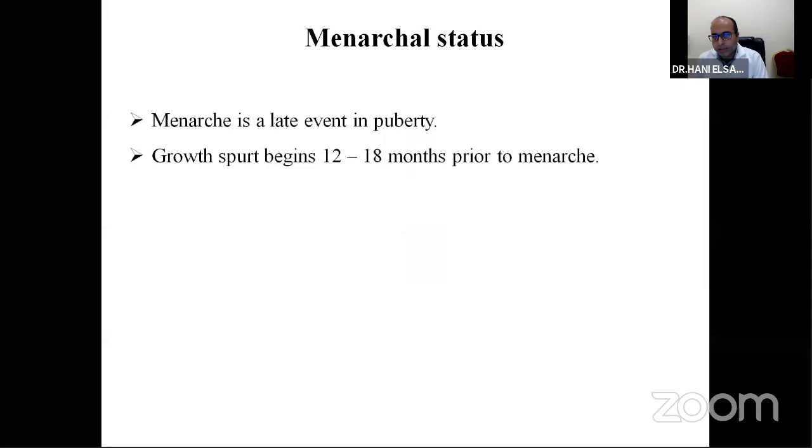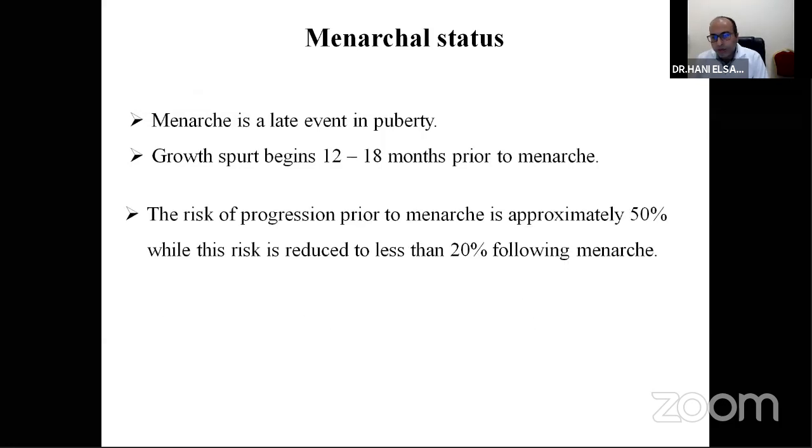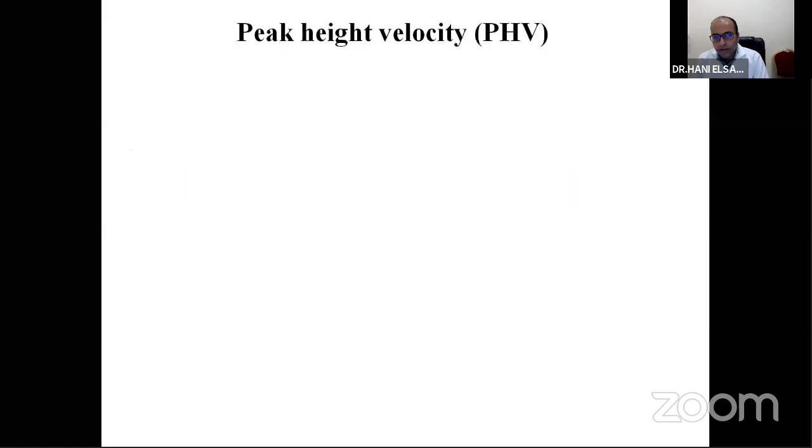Menarche is a late event in puberty. The growth spurt begins 12 to 18 months prior to menarche. The risk of progression is approximately 50% before menarche, while this risk is reduced to less than 20% following menarche.